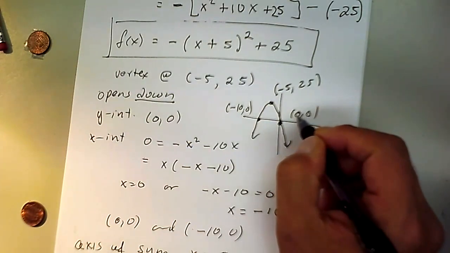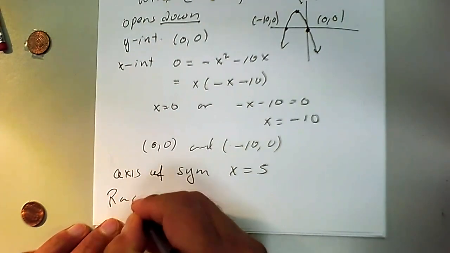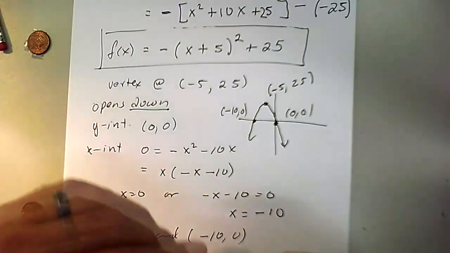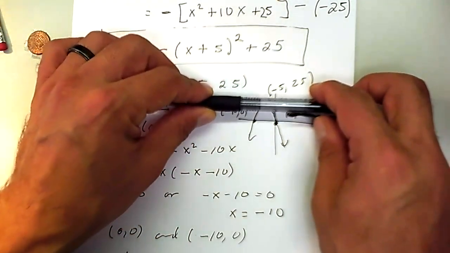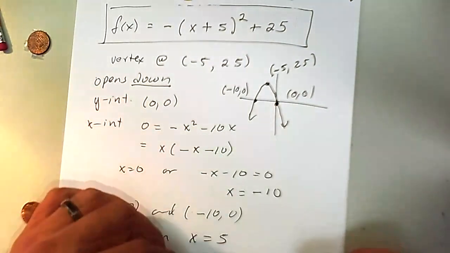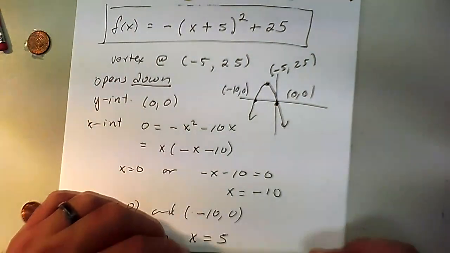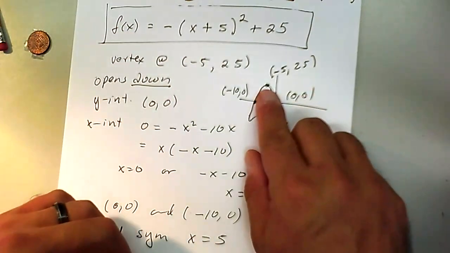And then, oh, the range, boy, range. So the range is how far it goes down or up to. These arrows indicate the parabola keeps going down forever. So there is no bottom. It keeps going up, up, up to this maximum point.